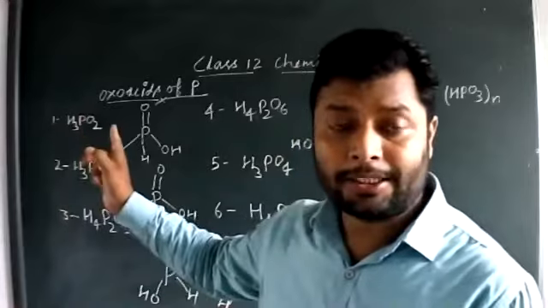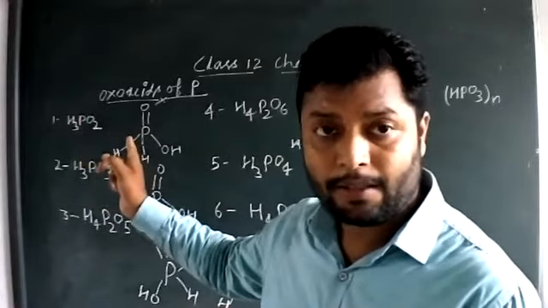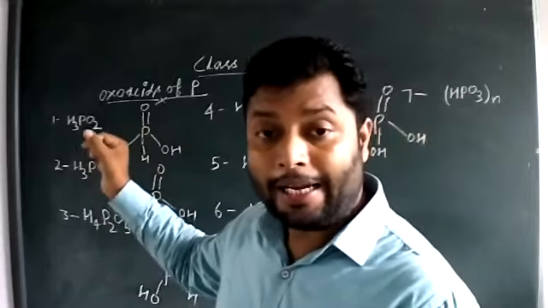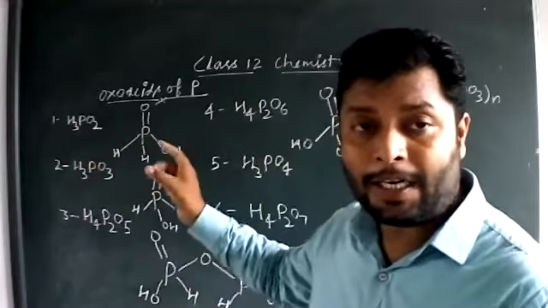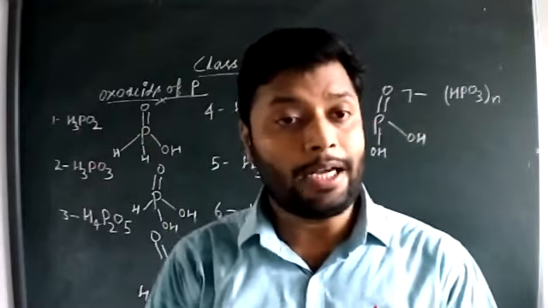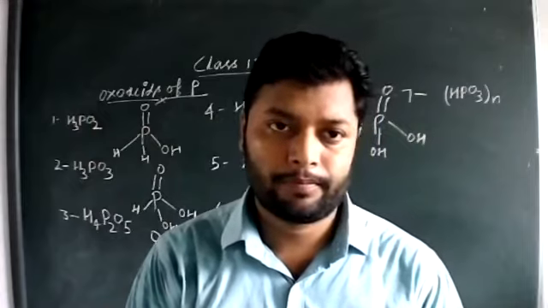So the first structure, phosphinic acid, is actually less acidic because of the low concentration of hydrogen ion in aqueous solution.